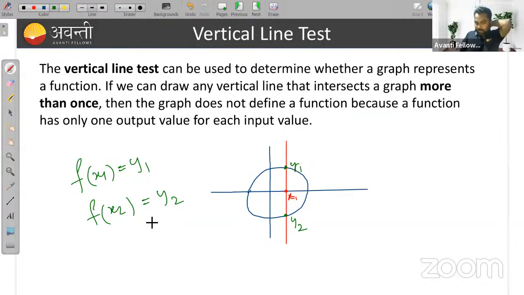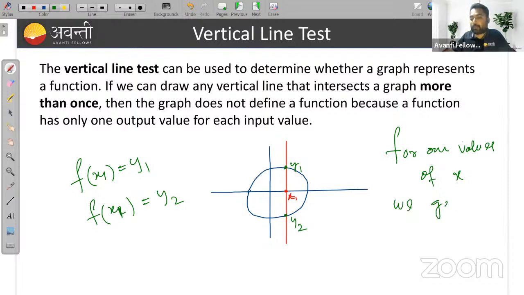So for one value of x, we are getting two values of y, which is violating our conditions of a function, because for a single element there should be only one image in set B. For a single input there should be a single output, right? Okay, that's why it is not a function.